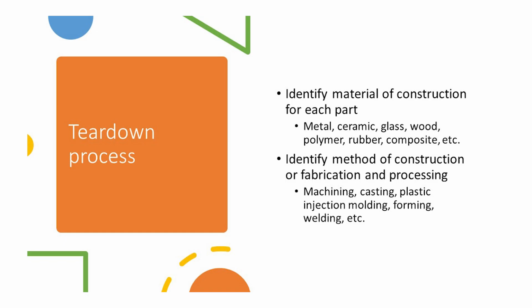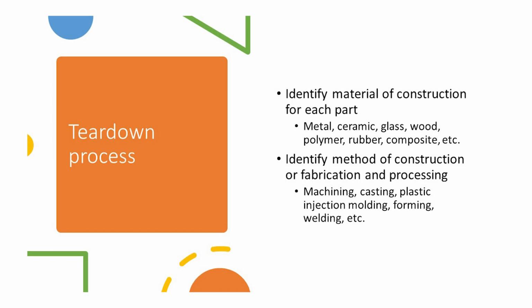What is the texture of this glass, how was it potentially made. If it is wood, is it teak, is it sesame, is it pine wood, what type of wood is it. So, identify the material of construction for each part.